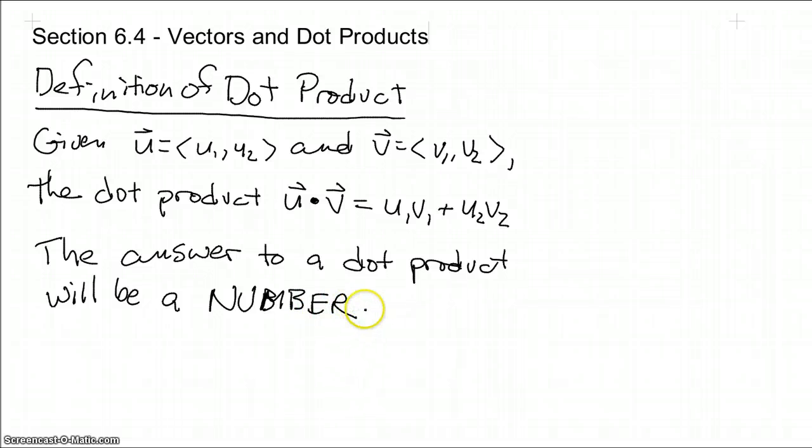So let's put a couple exclamation points there. So we're simply going to get a number, and in class we'll talk about what this number represents. We'll look at some real-life examples of using dot products to calculate things, but for now we're just going to talk about the process, how to find a dot product. We'll have a little bit of practice with that.